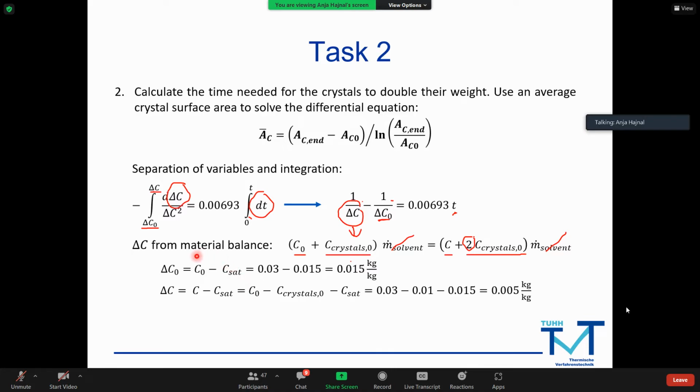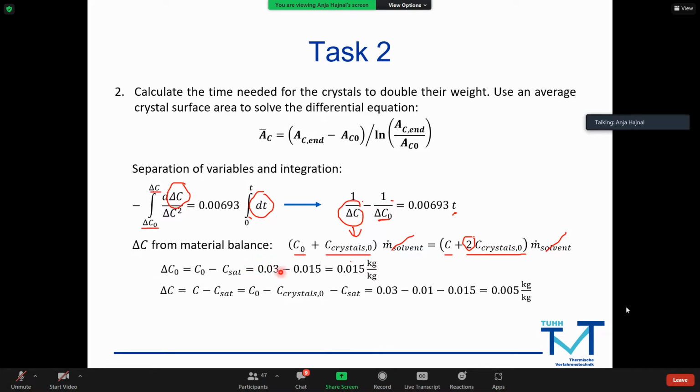Yes, and as I said, the concentration difference is our driving force. Once our concentration falls below the saturation concentration, our enzyme is simply going to be soluble and we won't have any crystallization from the solution. That is why we have to be above it, and our delta C is the driving force.